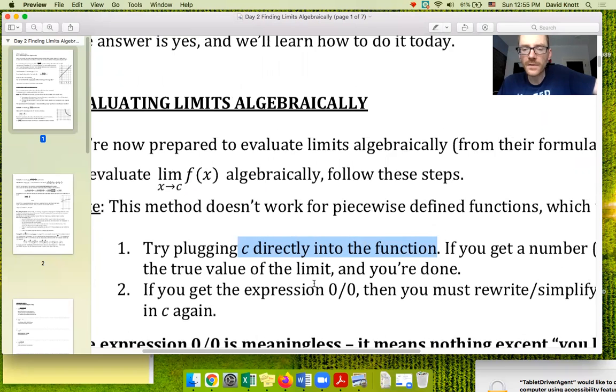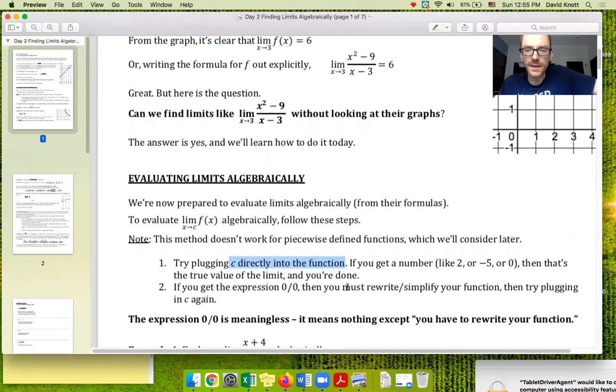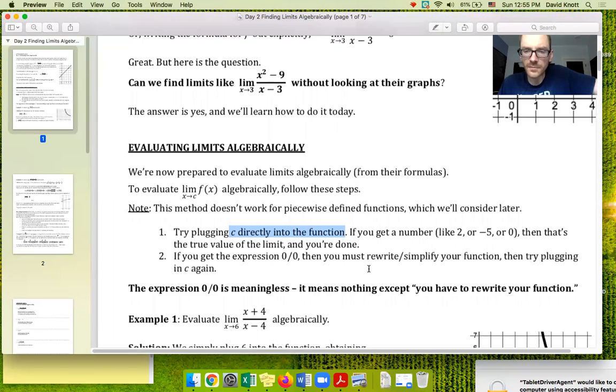And there's really just a few things that can happen when you do this. If you get a well-defined, ordinary, old-fashioned number like 2 or -5 or 0 or a half or square root of 3, that's the value of the limit and you're done.